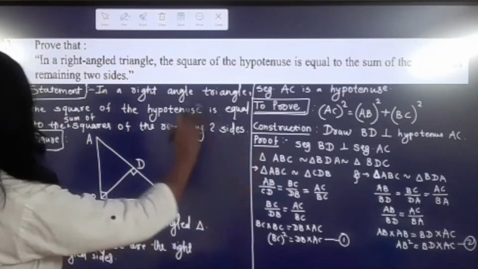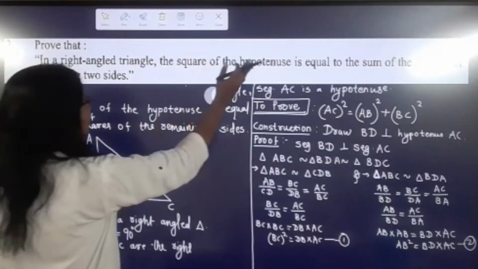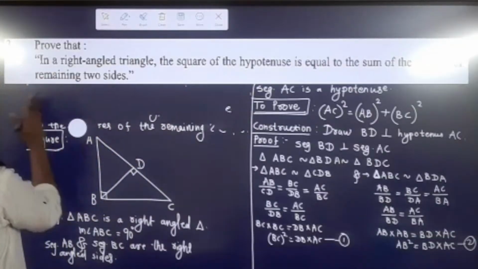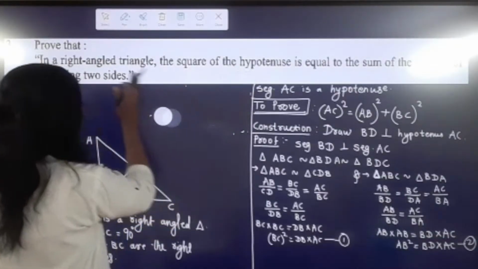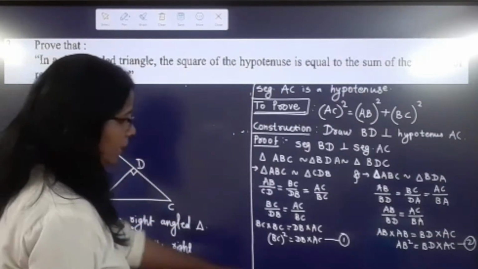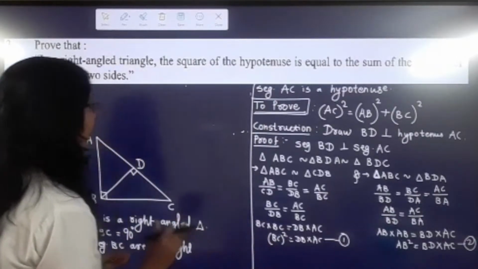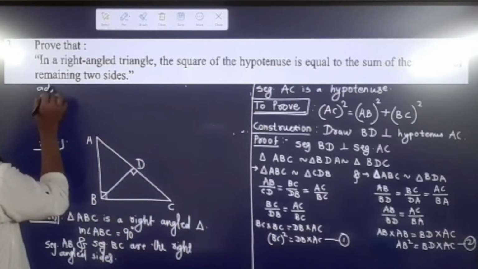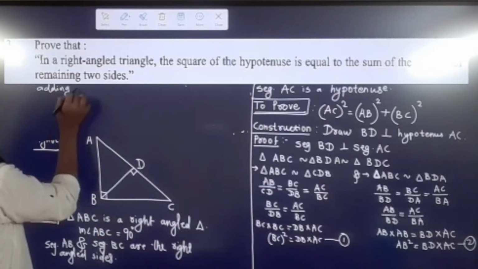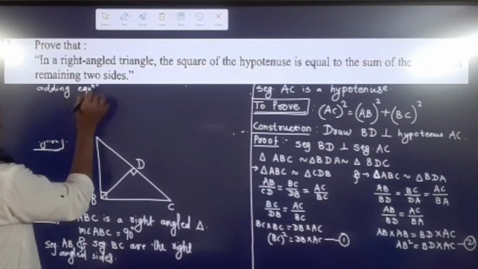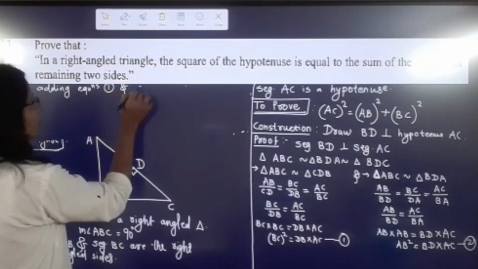Okay, so now here students I write here the remaining part. So that remaining part is adding equations 1 and 2.